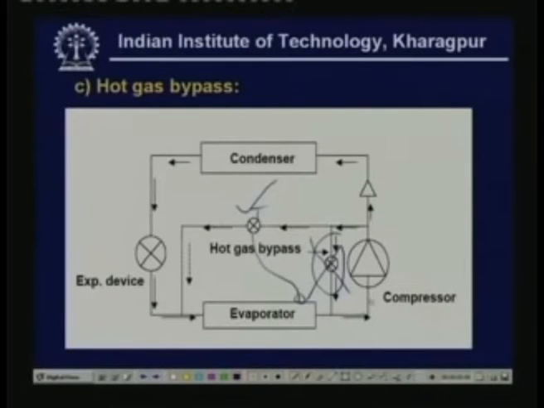It is not going to the inlet to the compressor. So it flows through the evaporator, and since it is in a vapor form, it does not contribute to the refrigeration effect, so refrigeration capacity reduces. That means you can have hot gas bypass either to the inlet to the compressor or to the inlet of the evaporator. Both methods are possible.